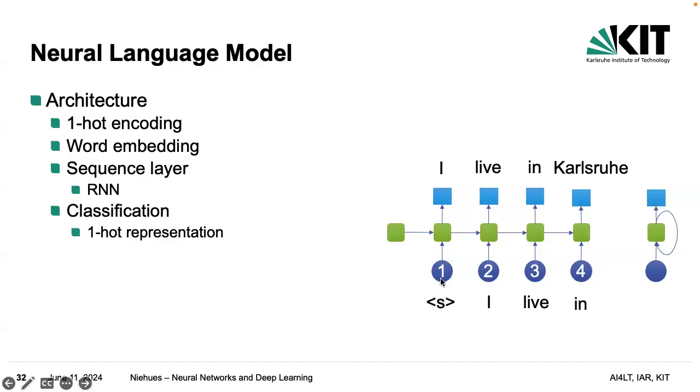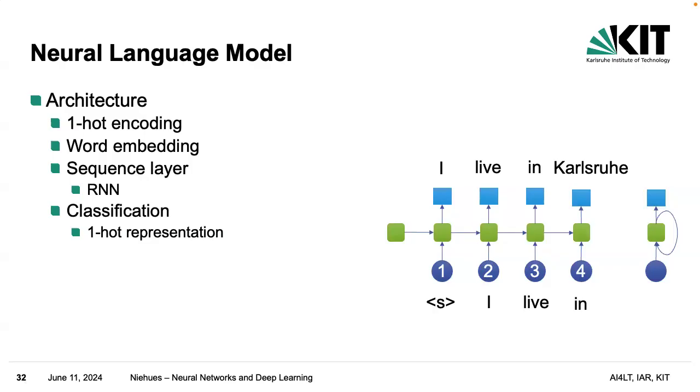So you're really predicting the probability of this word depending on all the words that I had before. So you have learned the probability of the word given all the previous words. With an RNN, you can very easily model these language model probabilities.